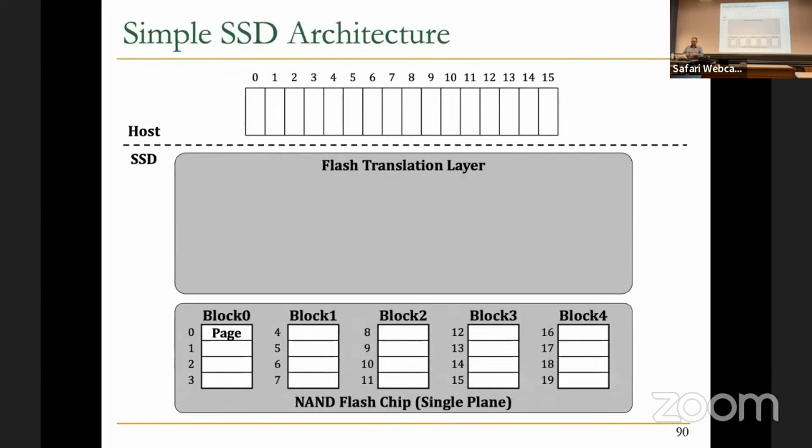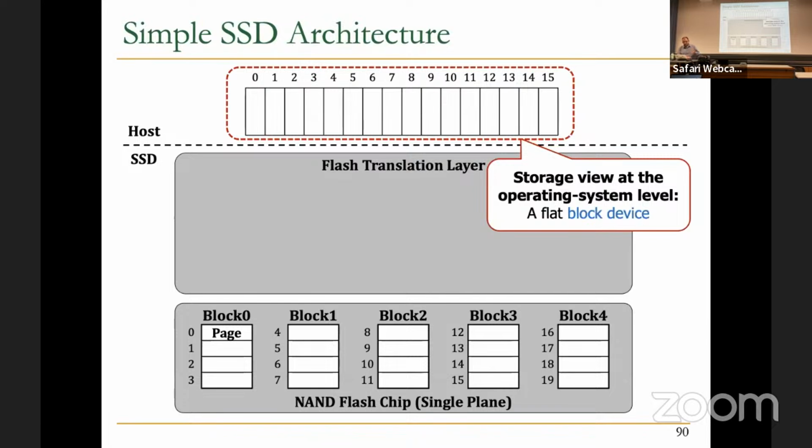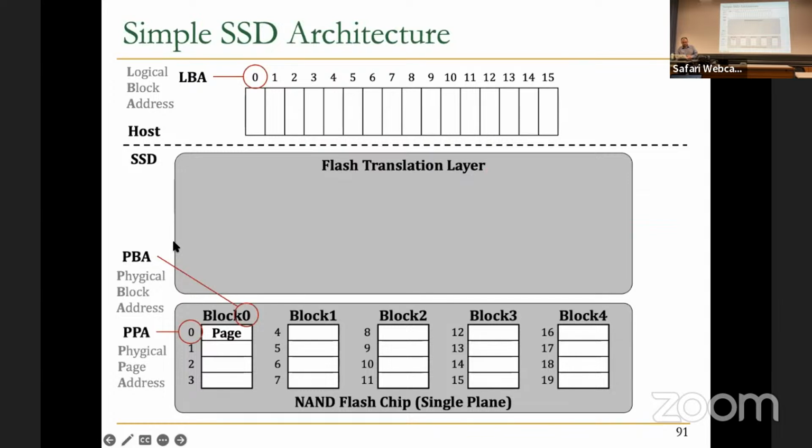So this is a simple SSD architecture where the host sees the storage at the operating system level as a flat block device. Assuming, as an example, we have 16 blocks, and each of them is a logical block address. But at the hardware, we have physical block addresses. Assuming again we have only one NAND flash chip and only one plane, to keep things simple in this example.